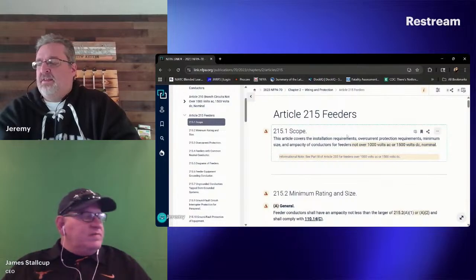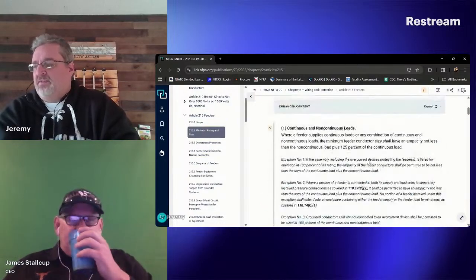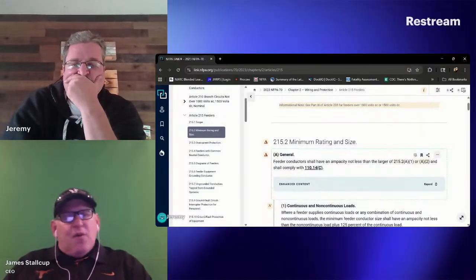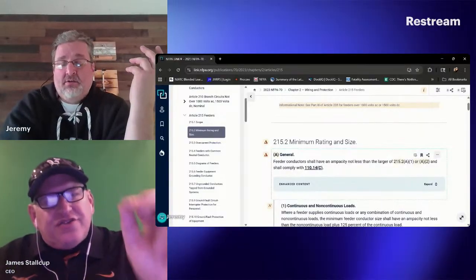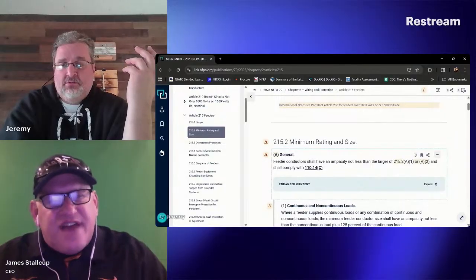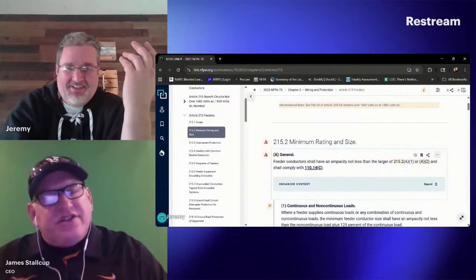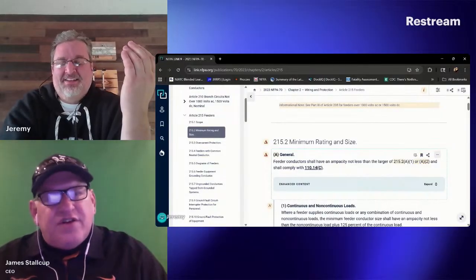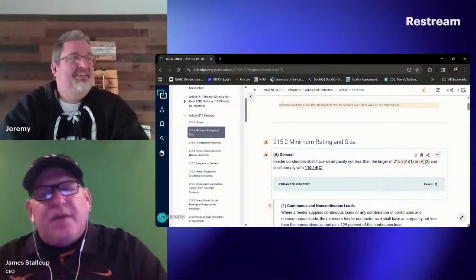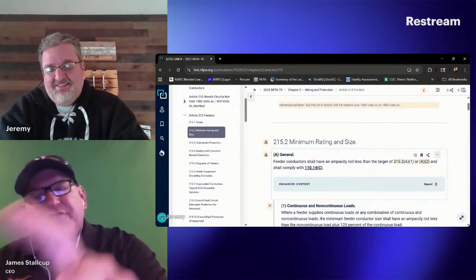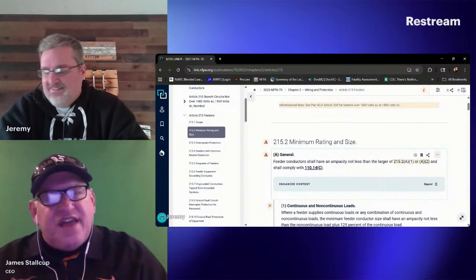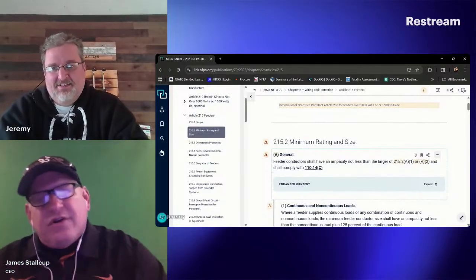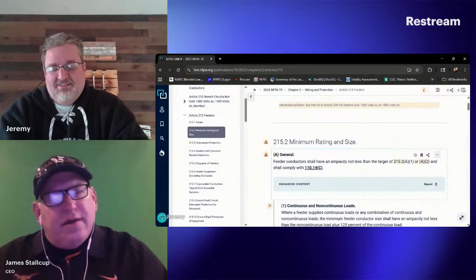So you're telling me that in the next code cycle they can totally delete that second sentence in 215.3? No. Why not? The conductors and overcurrent device are sized exactly the same when you're doing continuous and non-continuous loads. Once you've calculated what the load is, you size your conductors, and then for the protection of those conductors, sizing that overcurrent device, it tells you in 215.3 to go look at Article 240, Part 1.